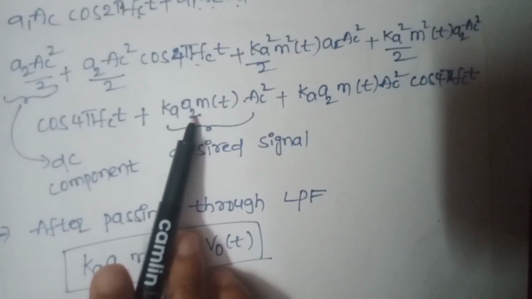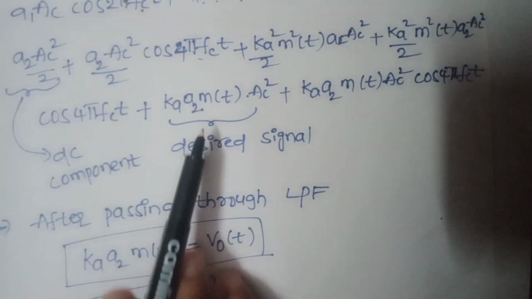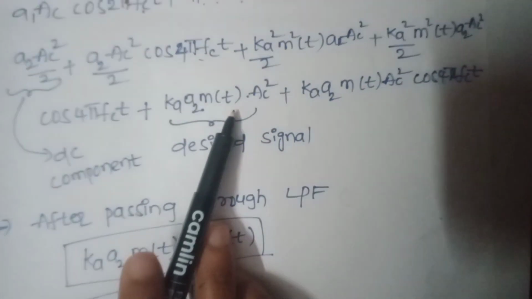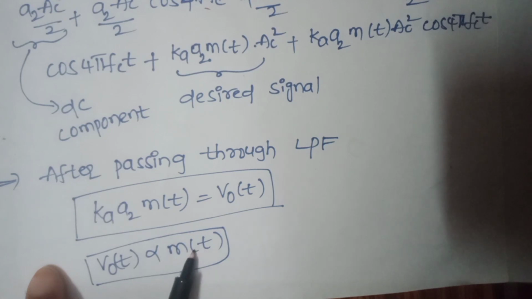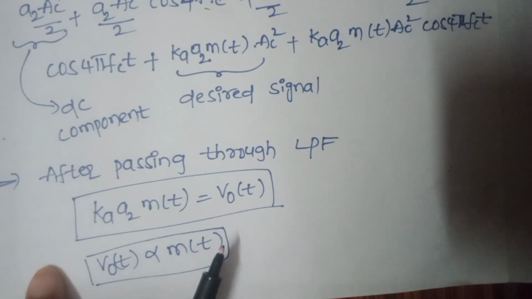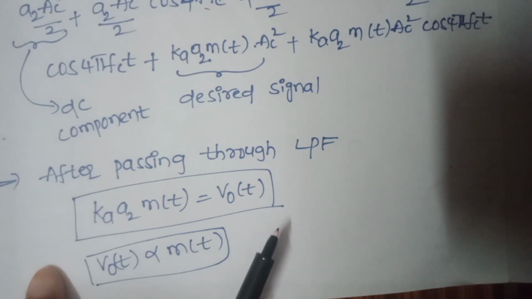Okay, so v0(t) is proportional to our m(t). This is our output modulating signal, the original message signal. For reconstruction of the original message signal, we use the LPF filter. For modulation purposes, we use band pass filters.